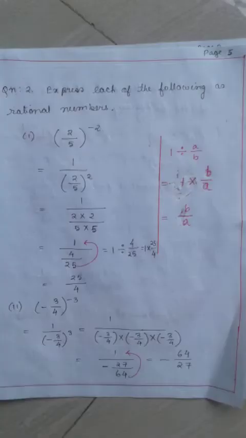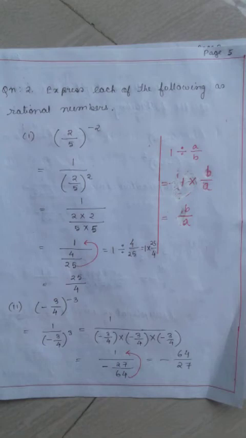Question number 2, express each of the following as rational numbers. 2 by 5 whole to the power minus 2. It means 2 by 5 having minus 2 power to both 2 and 5.